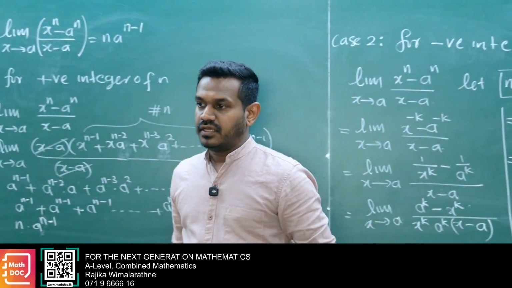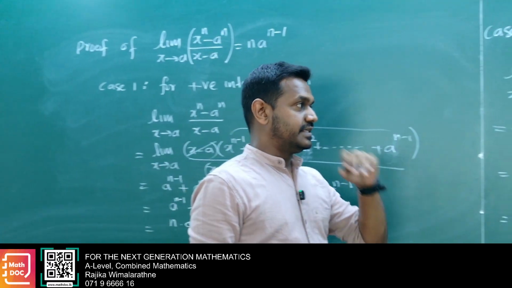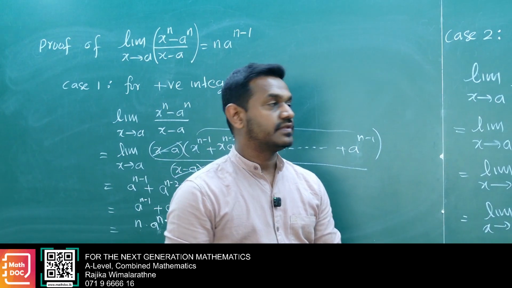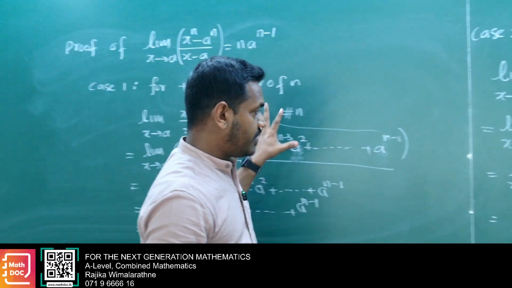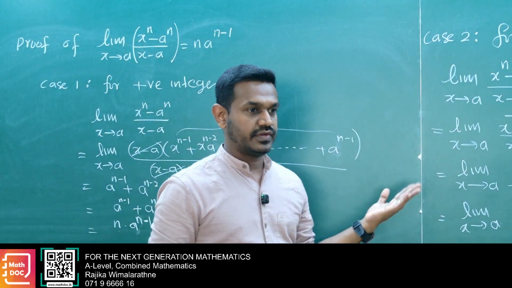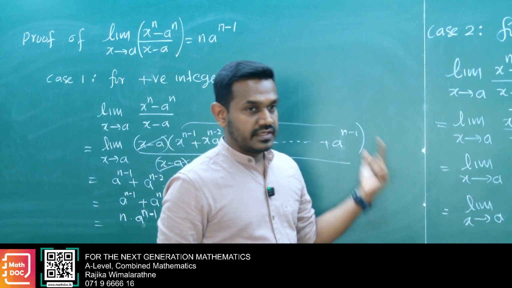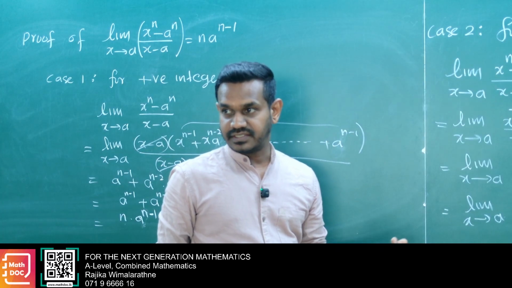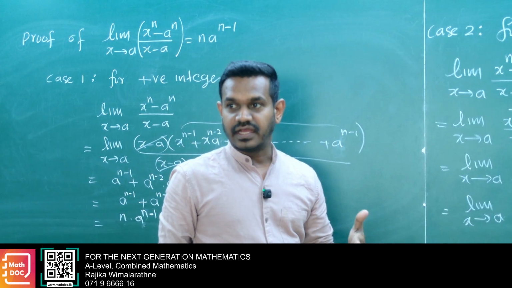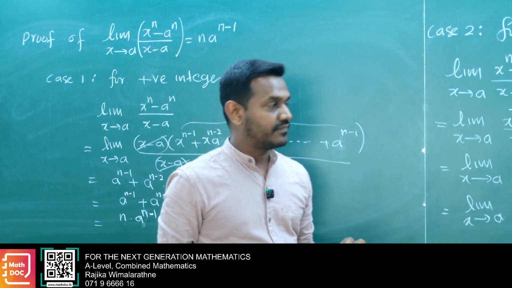Okay. Now we have done the proof for positive integers and negative integers. Now for rational numbers. Then again, we have done for positive integers, negative integers. Then for rational you can take both. Therefore, when proving this theorem, we have three steps, and we use the same theorem again and again to prove the full case. Okay.